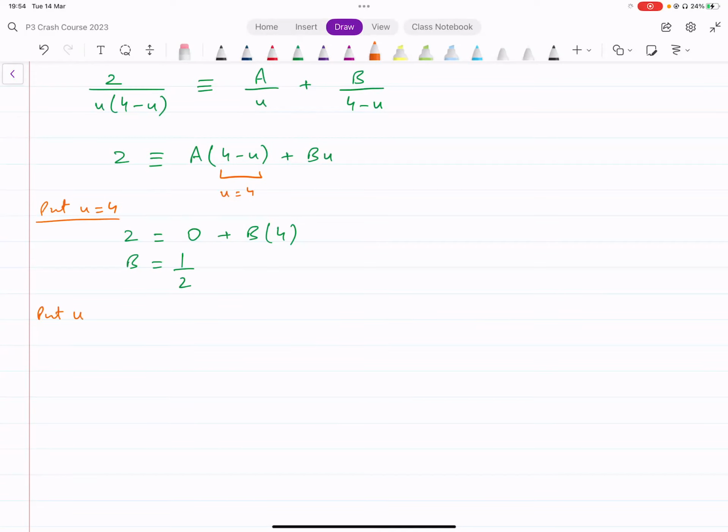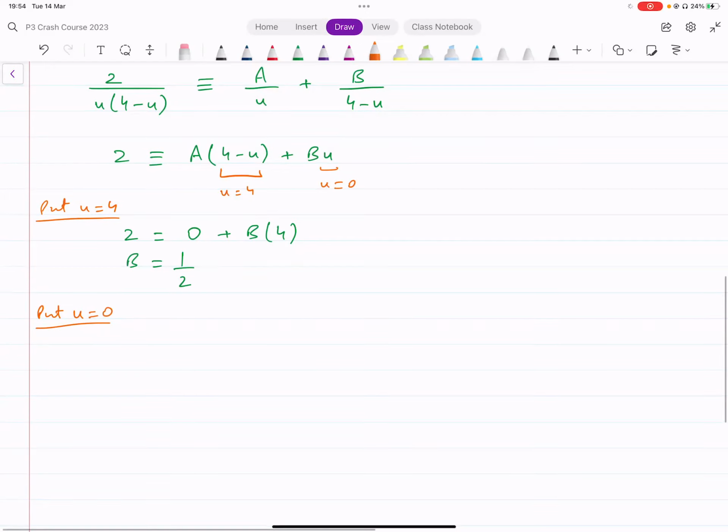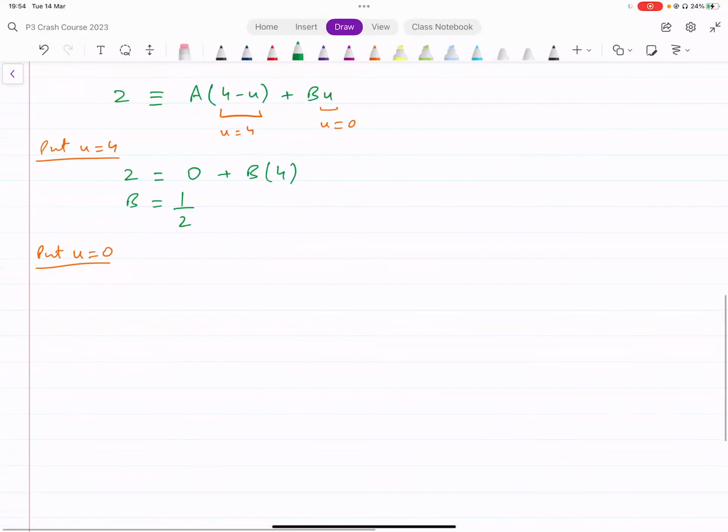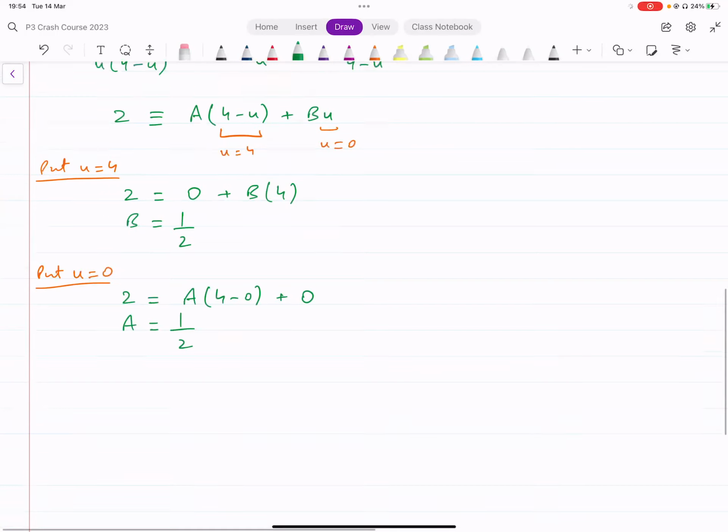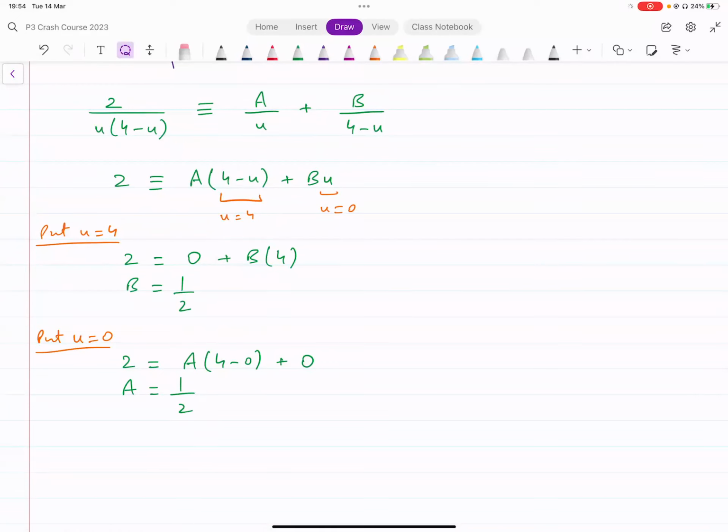Now the next value you could input is u equal to 0, which would eliminate b. So let's put in u equal to 0 here. And that gives you 2 equal to a into 4 minus 0 plus 0. And the value of a here also turns out to be 1 over 2. So a and b are both 1 over 2.